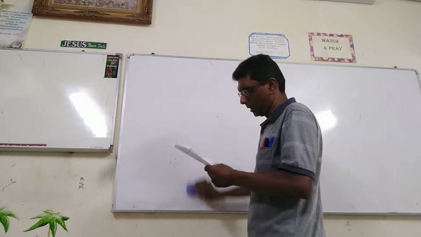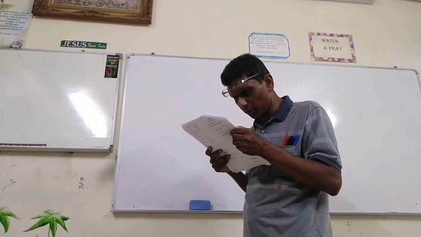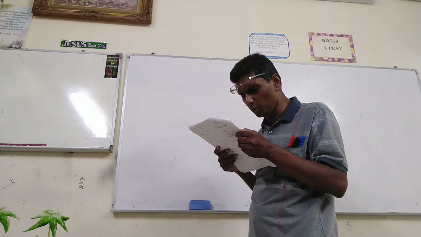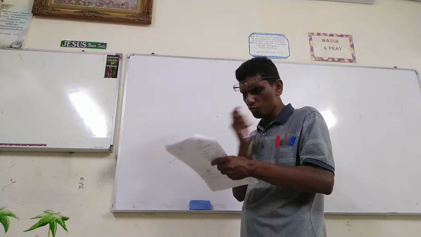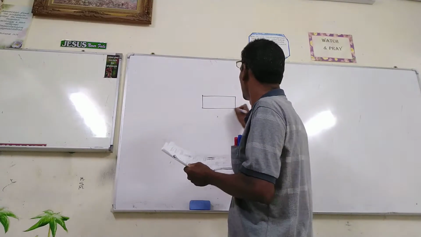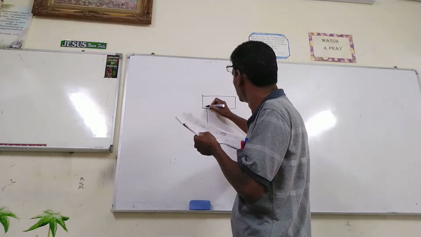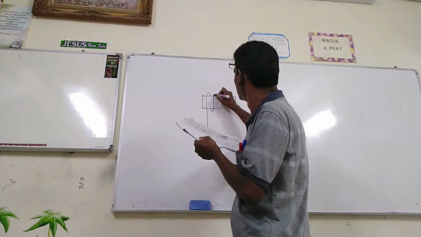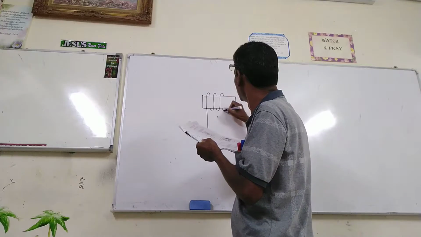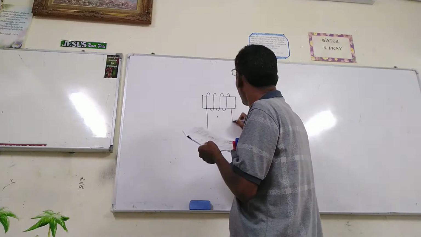State the polarity of X when the bar magnet is moved towards the solenoid. Now this one is a bar magnet. This one is a solenoid.